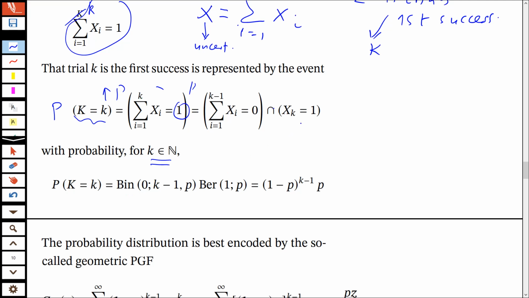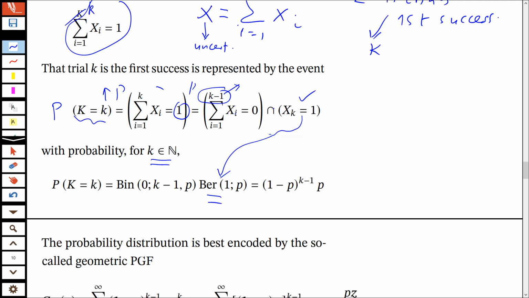If you think about it, this is an event related to one trial, and you know each trial, the indicator of success in each trial, is Bernoulli, so I just use the definition of Bernoulli. Here I have k minus 1 trials, so now the number of trials is this time fixed to k minus 1.